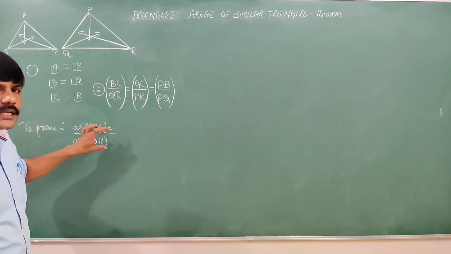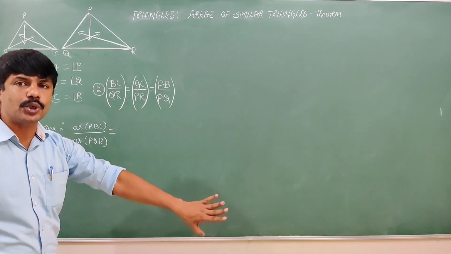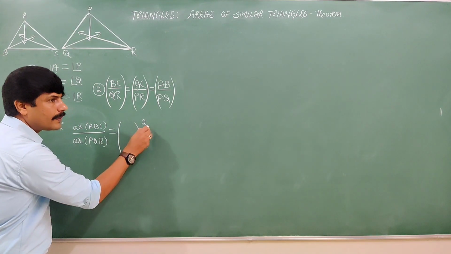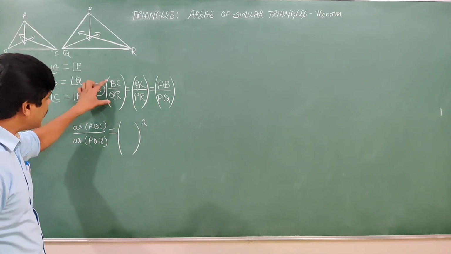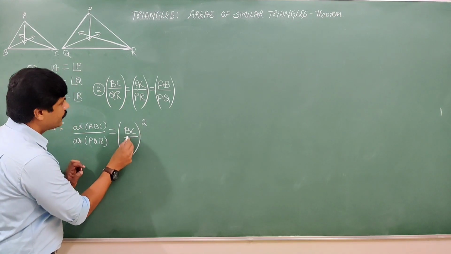The ratio of areas of two similar triangles is equal to, now we see, the square of the ratio BC by QR.